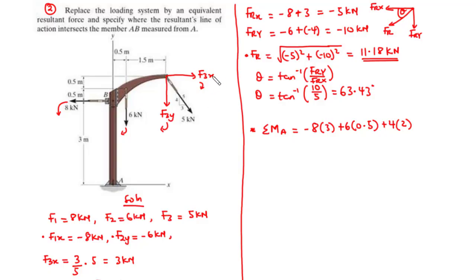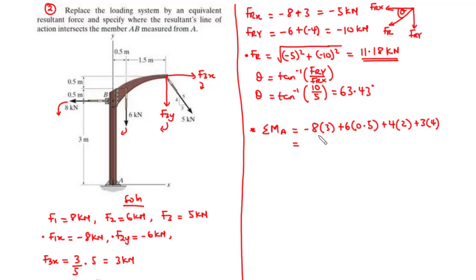We have F3x to be 3 kilonewtons, and the perpendicular distance away from the line of action of A is going to be 0.5 plus 0.5 plus 3, which is 4. Therefore we have 3 times 4. Now let's simplify this.